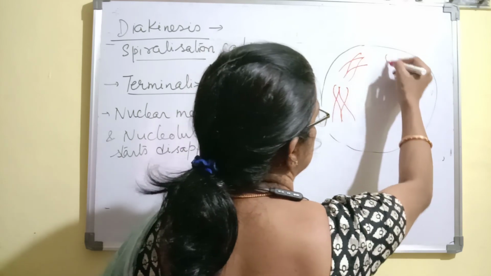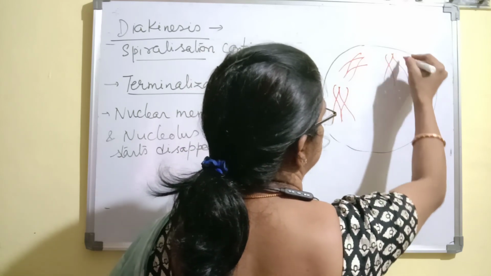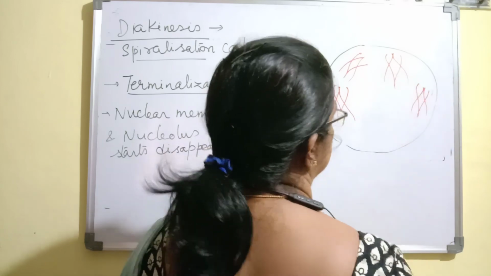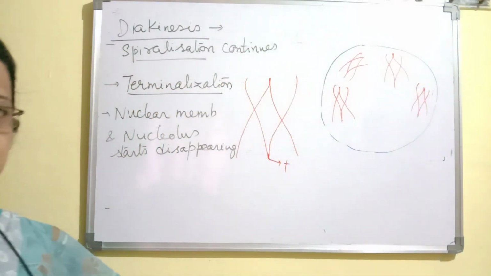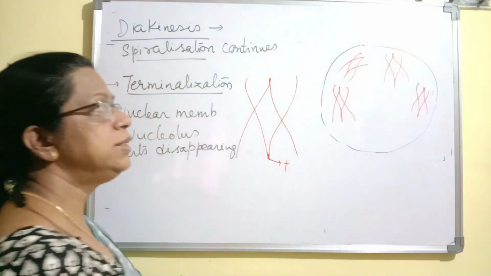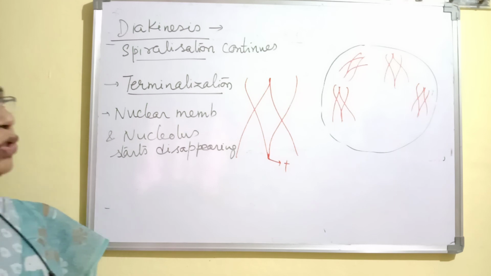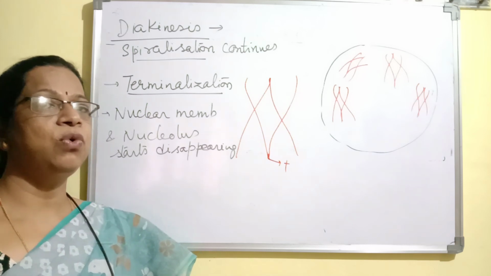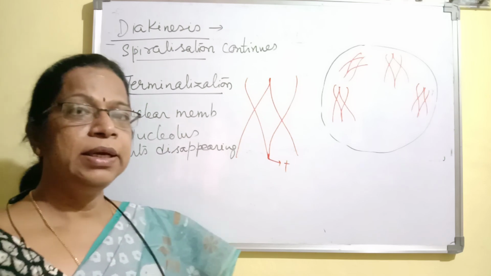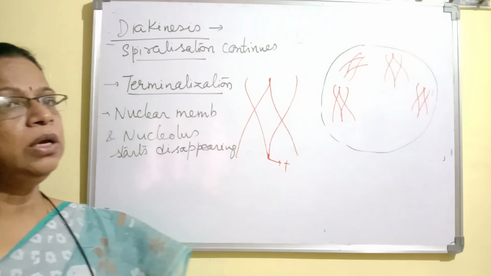I told you the number of bivalents depends upon the number of chromosomes present, equal to the haploid number of chromosomes, and all the bivalents remain scattered within the cytoplasm. We actually started the process taking 4 chromosomes or 2 pairs. We will continue with that in the remaining steps of meiosis.